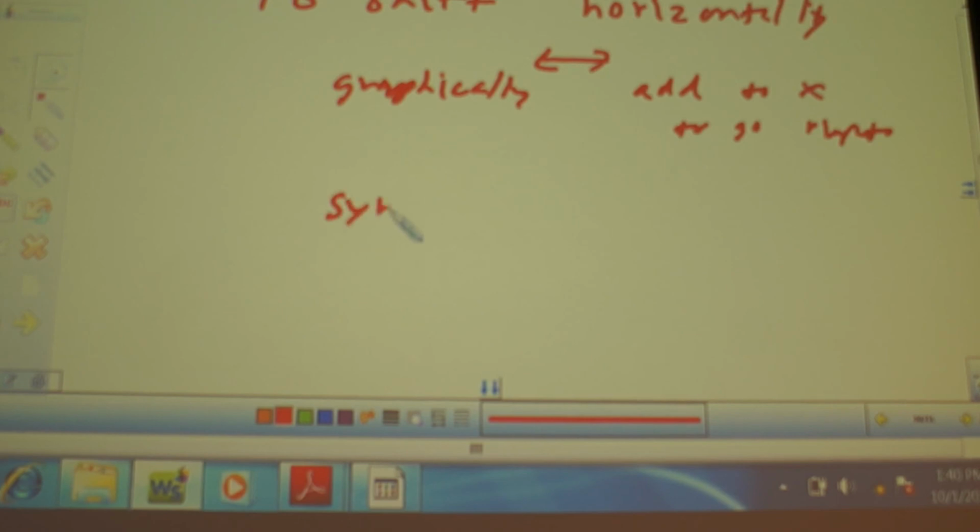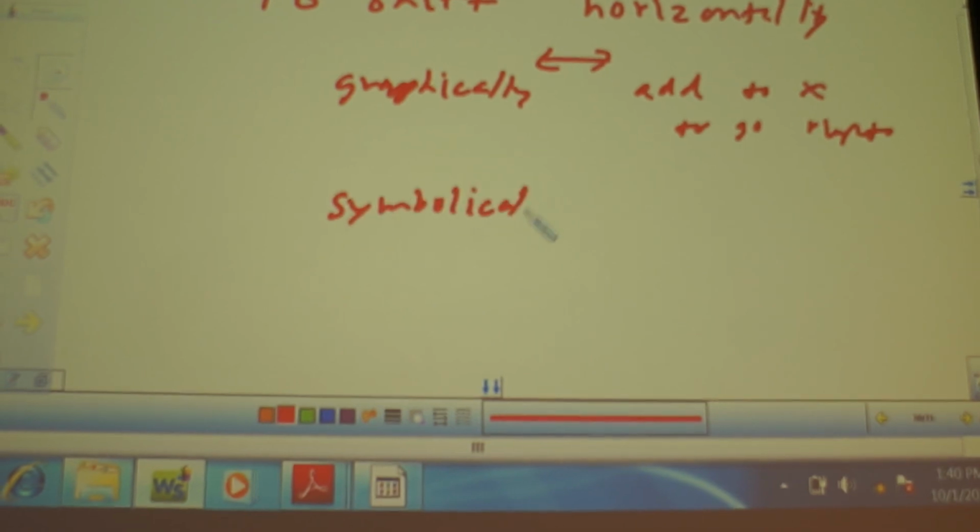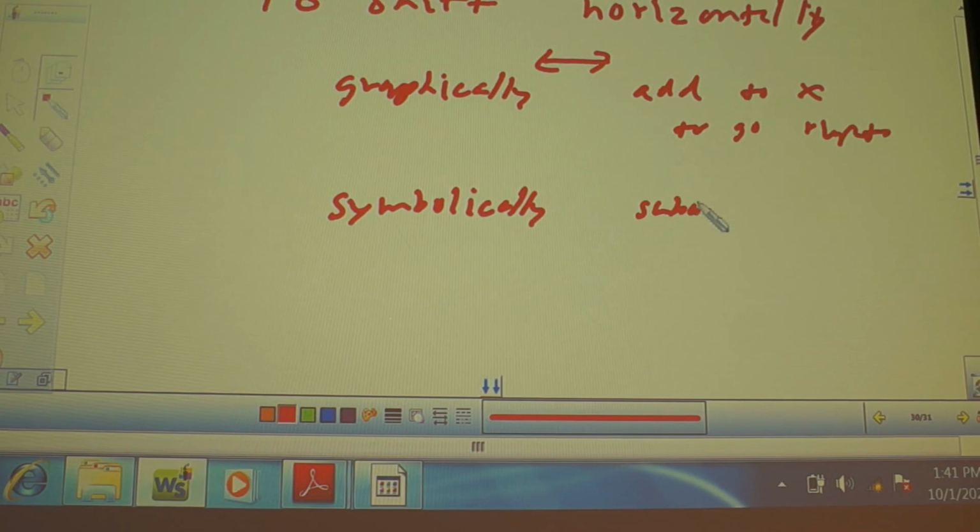Horizontally, if it's graphically, just add to x to go right. But if it's symbolically, you subtract. So essentially, you're just trying to get y to 0 and plug in what you know x is going to be. Yeah, exactly.